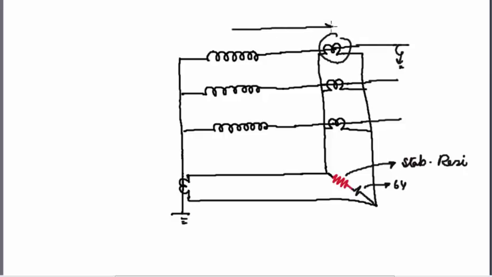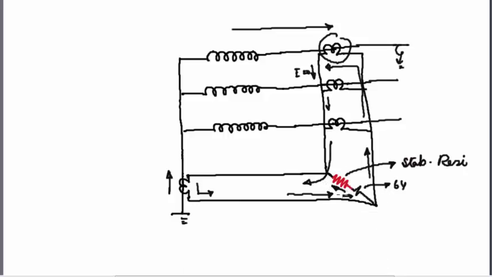Now the fault current will flow, and there will not be any reflection of this current in the CT, so the current flowing here will be I is equal to 0, and the only current which will flow in the circuit is this current. Now this current is taking up this path. Since the resistance is so high, this current will not be able to take up this path, and the current would flow in this way, take up this CT path, and keep on rotating in the circuit, and it will not flow through the relay coil.